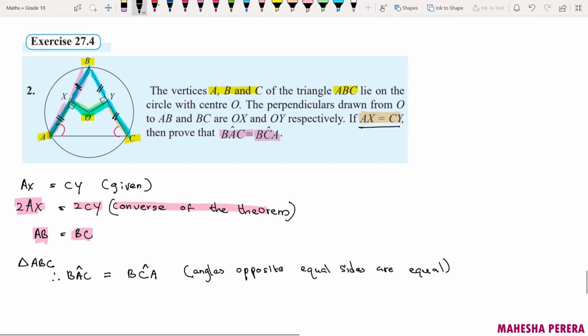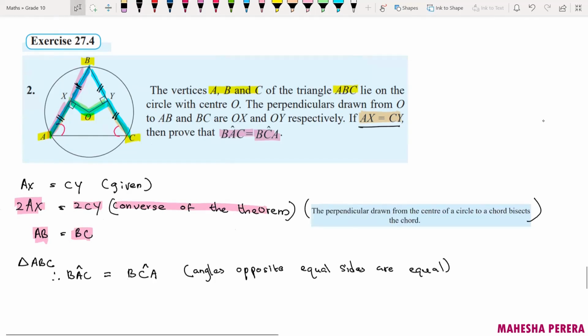It's better if you write the theorem in words. You should write the converse theorem in words. Then if you consider the triangle ABC, this triangle is an isosceles triangle.